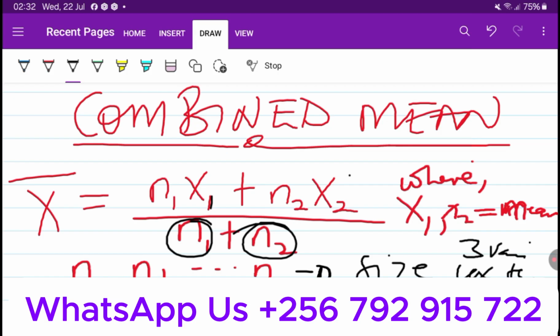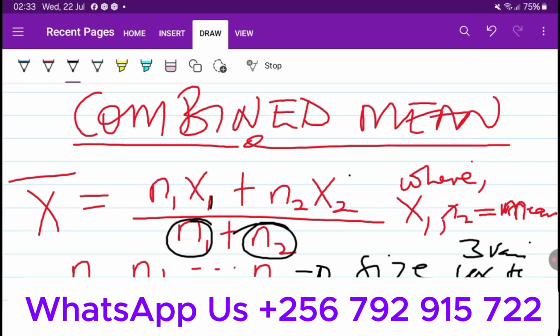Here of course you have 2 variables. You compute the male and then the female. Then you'll be able to get the overall mean for the different data sets that have been given to you. So that's what I wanted to share today as far as the measures of central tendencies are concerned.